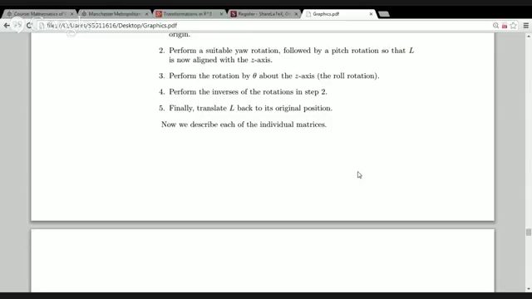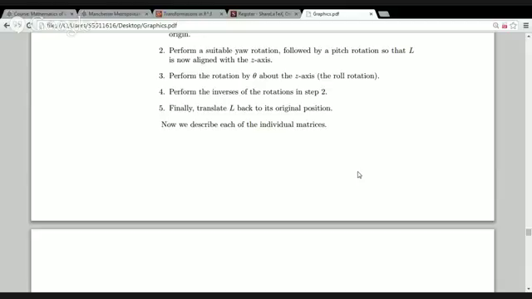Just translation or rotations about one of the three special coordinate axes. And it's called the yaw, pitch, roll rotation sequence, because that's the order in which the original rotations are applied: yaw, pitch, roll.